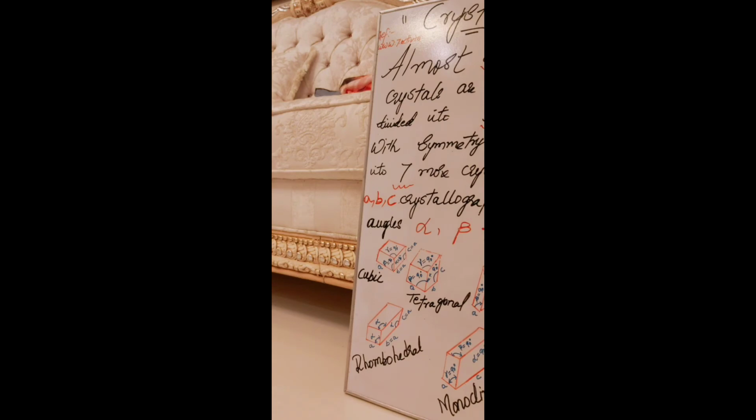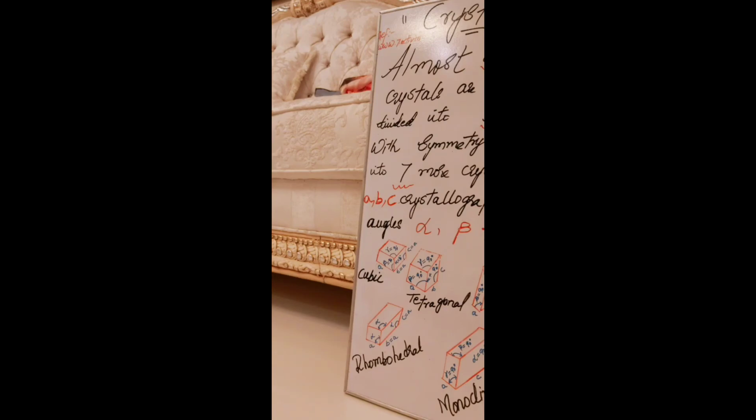Then I ended this topic with the crystal systems, that almost 230 forms of crystals are there, and further they are subdivided into 32 more interesting classes, and those classes depend upon their accordance with the symmetry.